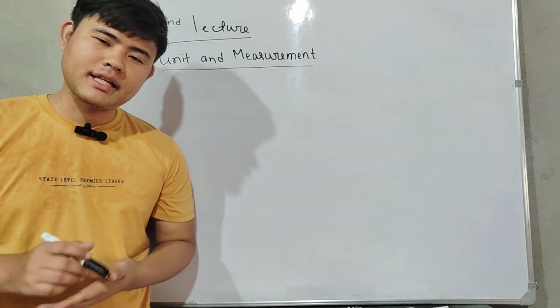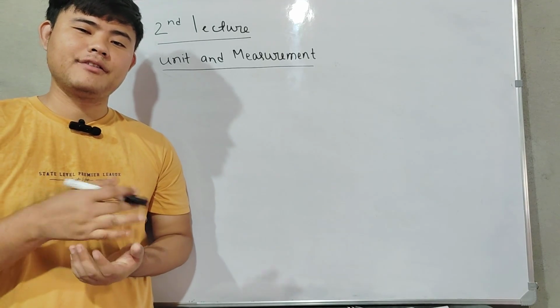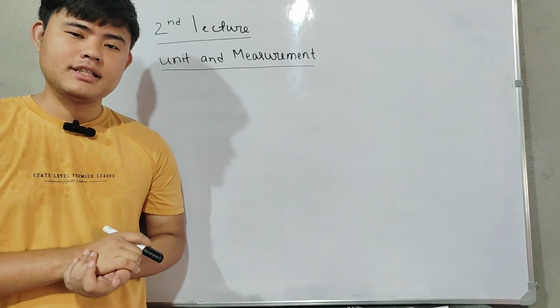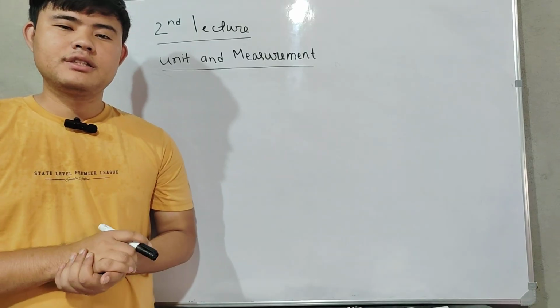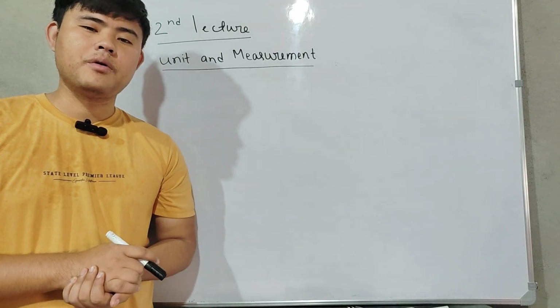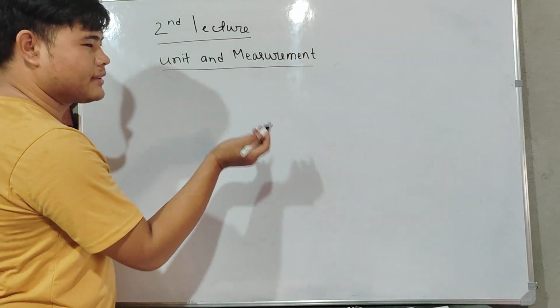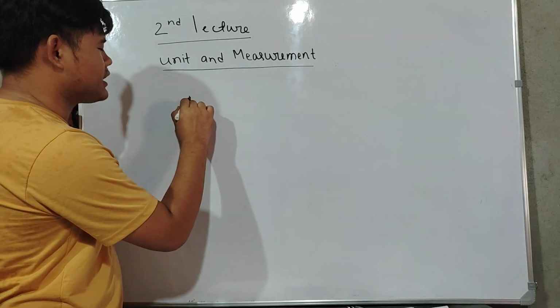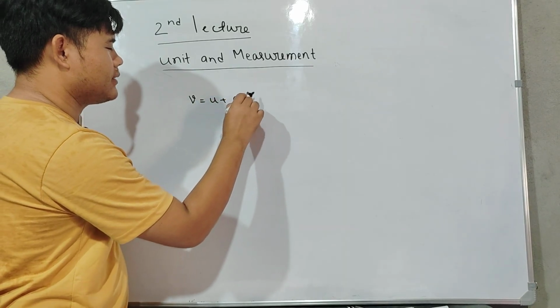So in our previous class we learned how to find the dimensions of a given formula. In this class we will learn how to find the dimensions of formulas that are in the form of equations. Suppose the equation is given like this: v = u + at.